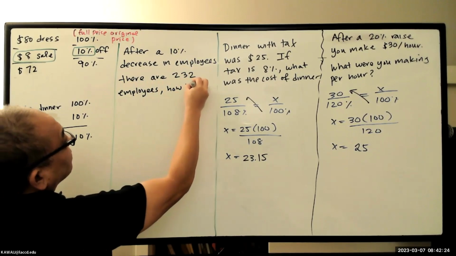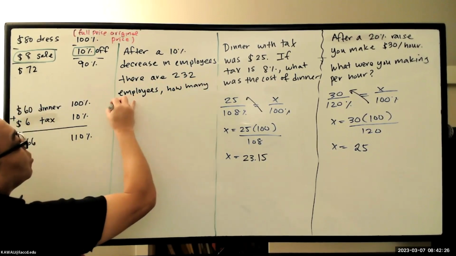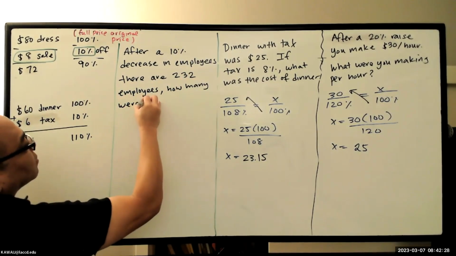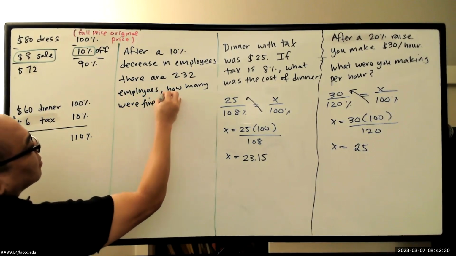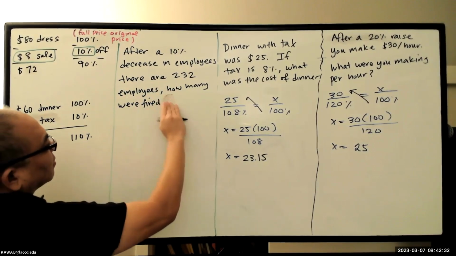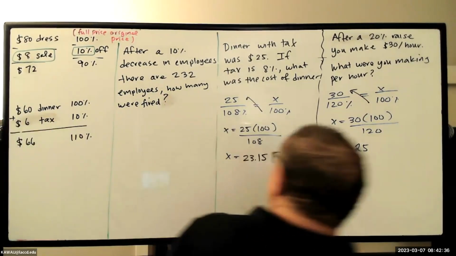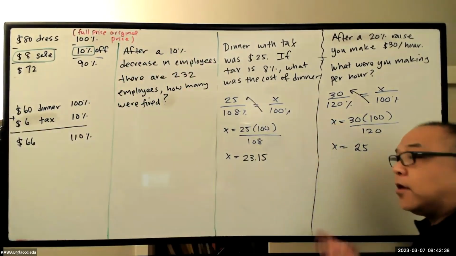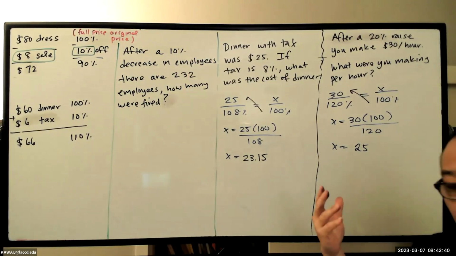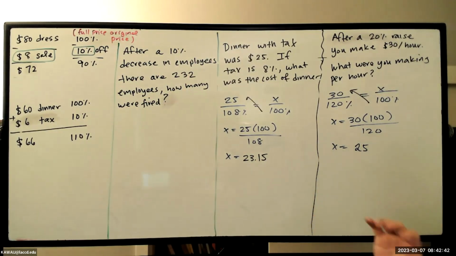How many were fired? Okay, so when you think of this question, are we going down or are we going up in employees? That tells you whether to subtract or add.